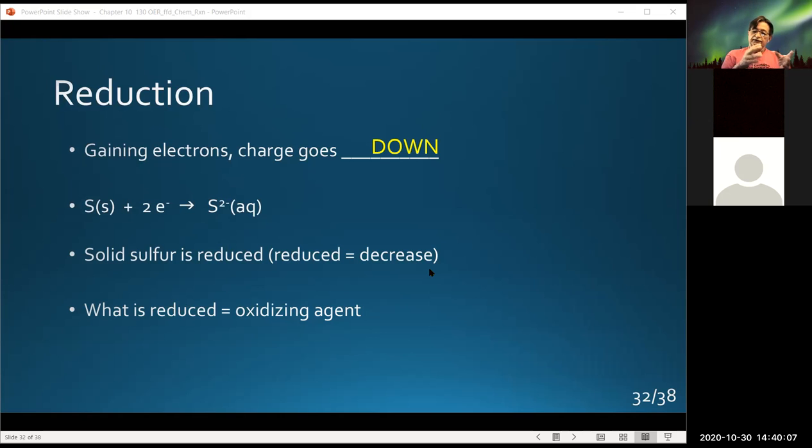So in this case, solid sulfur is reduced, and it being reduced is then classified as the oxidizing agent. Okay, so if you undergo reduction, you are the oxidizing agent. If you undergo oxidation, you are the reducing agent.